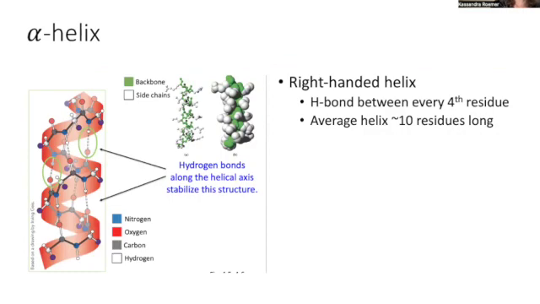So talking about secondary structures, an amino acid chain can take on, for example, an alpha helix structure, which is a right-handed helix. H bonds form between every fourth residue, and it kind of loops around, with the average helix being 10 residues long.